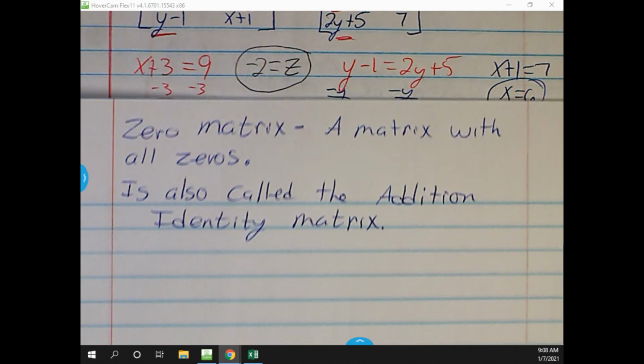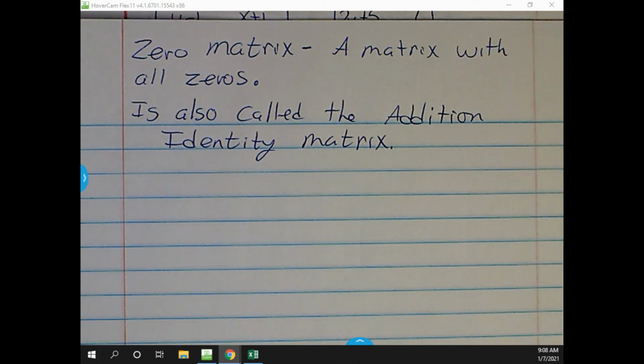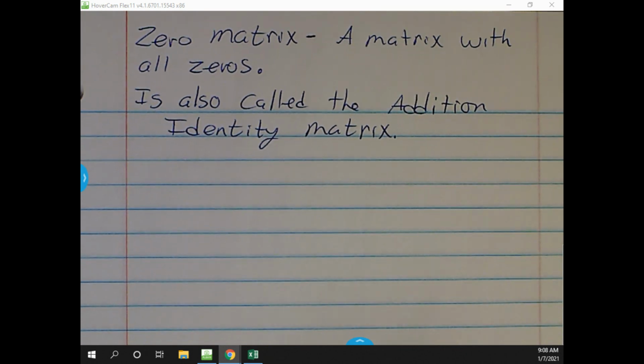And it's basically kind of going back to all those properties that you used to learn about back when you were doing commutative property and associative property, and they had the identity property of multiplication. They had the identity property of addition. This one's kind of that same thing. This is the identity matrix of addition, or the addition identity matrix, however you want to call it. It's just basically saying, and this is something that you would dig into later on when they start talking about different things. So just realize if they talk about a zero matrix, that's the same thing as the identity matrix of addition or the addition identity matrix, or however you want to call it.